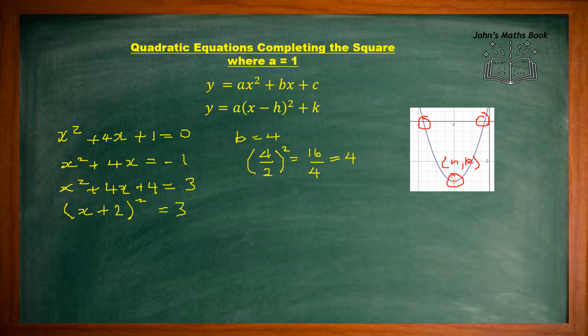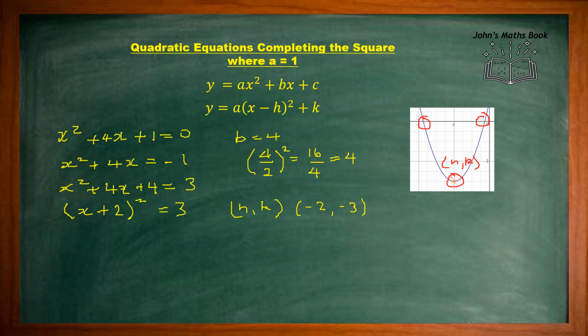So now we have this equation in the form of y is equal to a times x minus h all squared plus k. So we can now find the coordinates of the vertex using this. So we see that h and k can be found at minus 2 and minus 3.